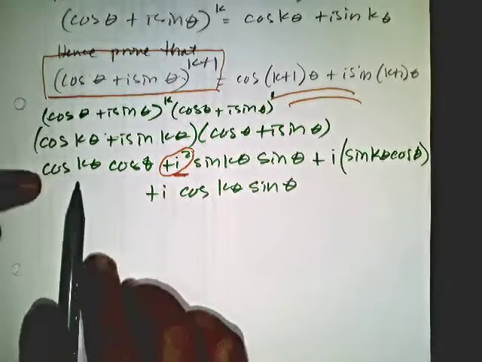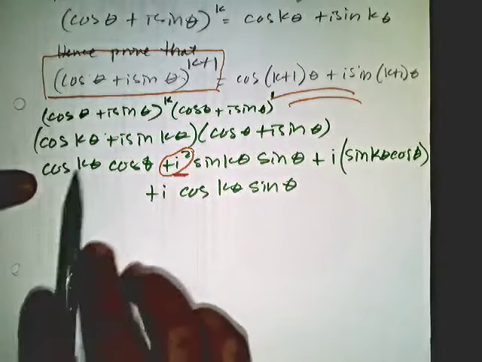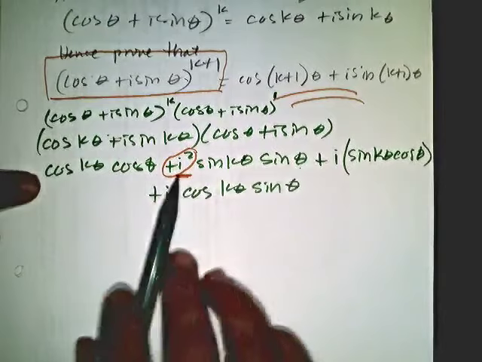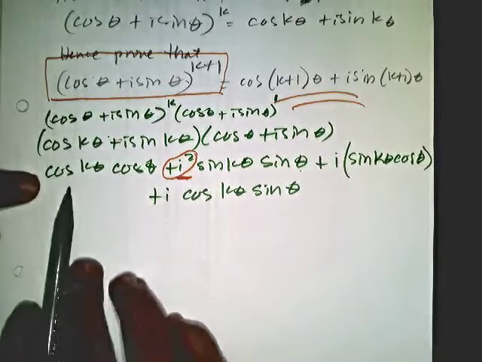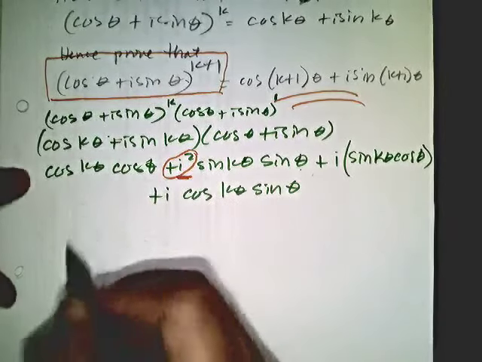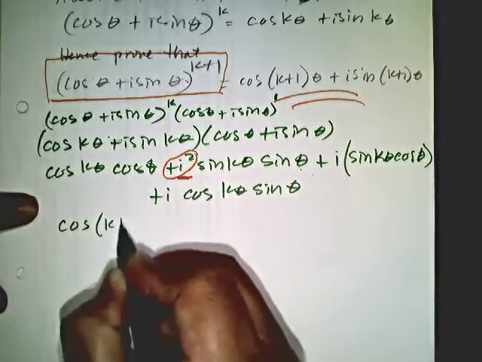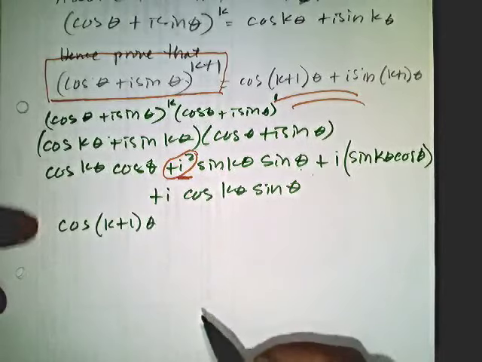So what you notice here is that cosine of k theta cosine theta minus sine k theta sine theta, the middle one is minus, that is actually the expansion of the angle addition formula, cosine of k plus 1 theta.